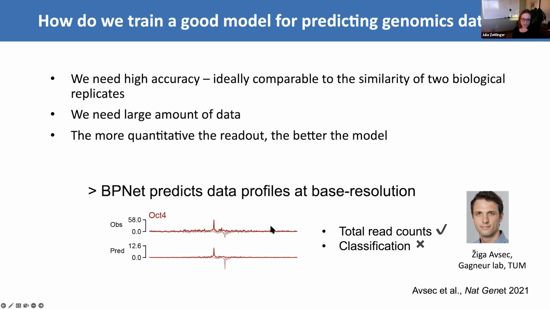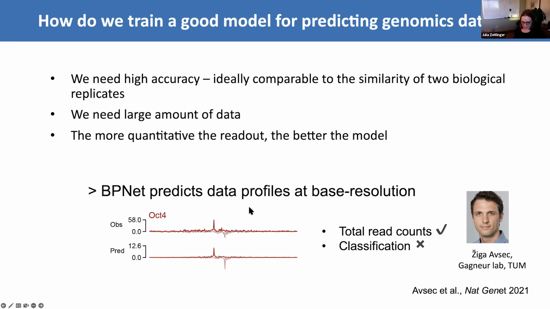This is the observed data for one transcription factor, and he predicts that exact data for each base and both strands. And now he's doing this for all transcription factors and across many, many regions. We're not just classifying like images, where you classify an image and say was this bound or not bound, but we're predicting the profile and also the total counts in this region.